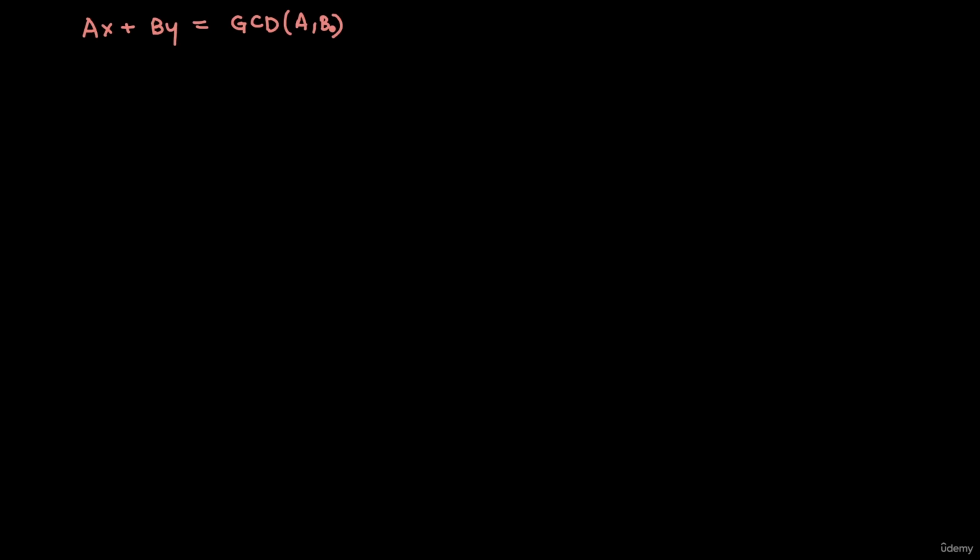So now what we have learned from Euclid's algorithm is that we can break this down. We can write GCD of a comma b as the same as GCD of b followed by a modulus b.